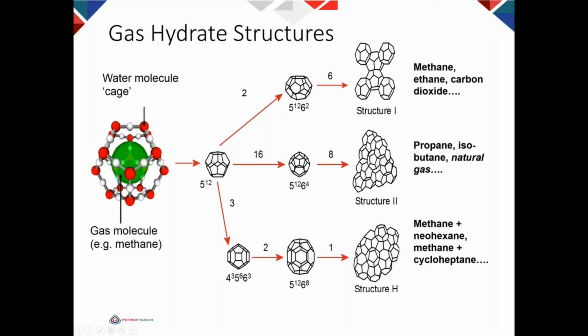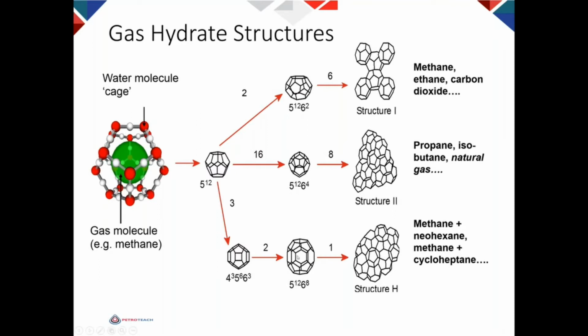So 2 of these small cages and 6 of the large cages make structure 1. And then 16 of the small cages and 8 large cages form structure 2. And these cages are slightly different. This one has 14 faces, and this one has 16 faces.